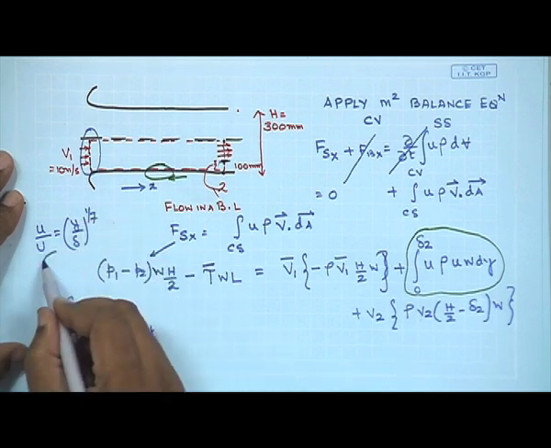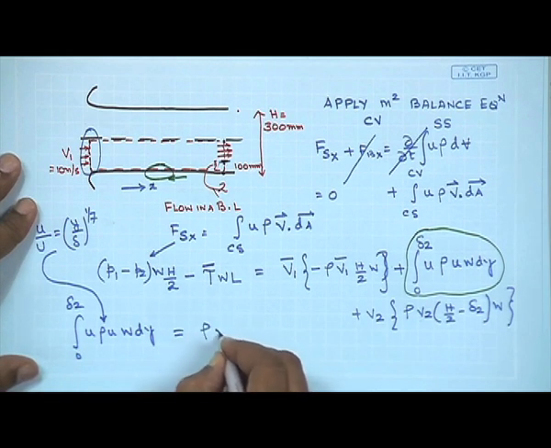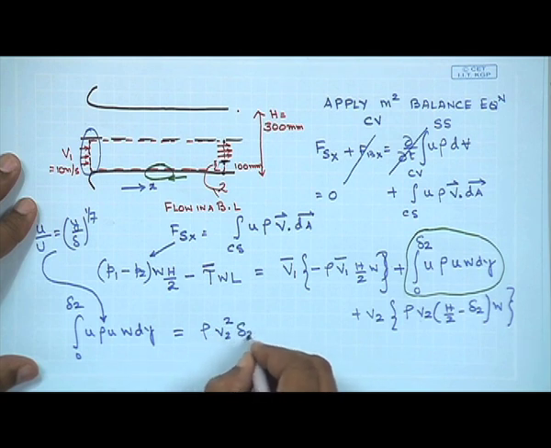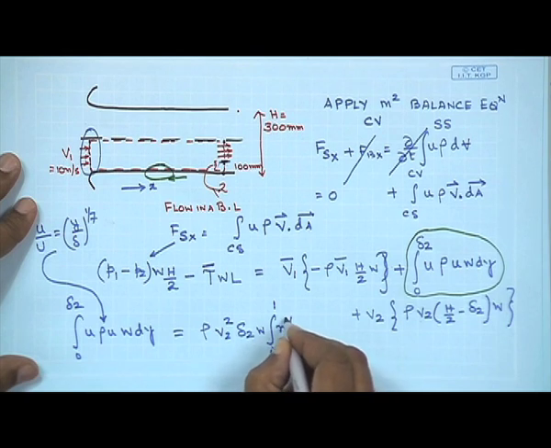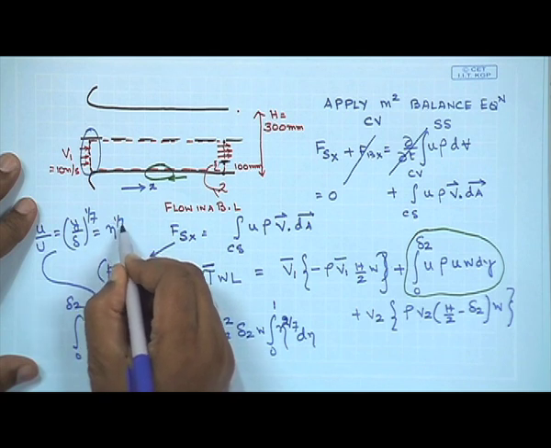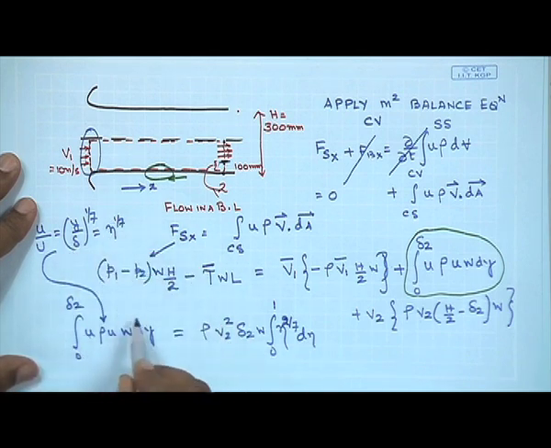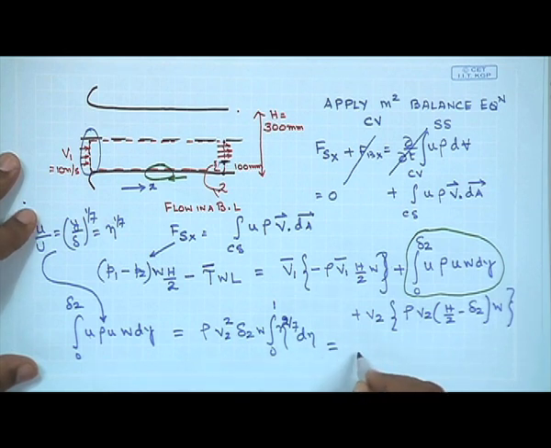That's the 1/7 power law, which we are going to plug in here, and this would result in rho v2 square delta 2 w, integral from 0 to 1 of eta to the power 2 by 7, because we have u square times d eta, where eta is simply equal to y by delta. So this integration would simply change to, once you plug in the expression of u in both cases, rho v2 square 7 by 9 delta 2 times w.